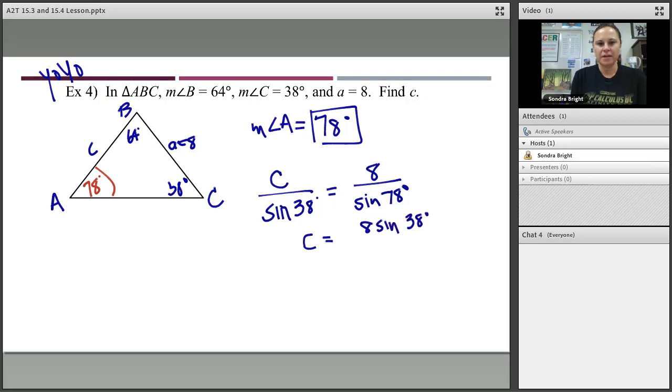And remember, your calculator will start a parenthesis here, so make sure you end it before you hit divided by sine of 78 degrees. Your calculator doesn't care if you end this last parenthesis here. But this parenthesis is a big deal. And when you do that, you should have gotten 5.035, which rounds to 5.04.